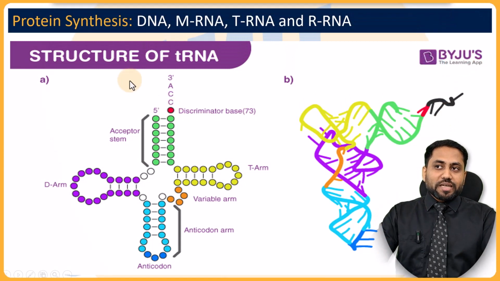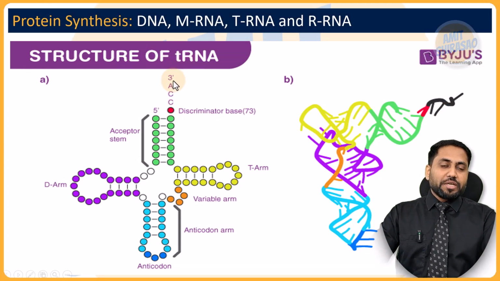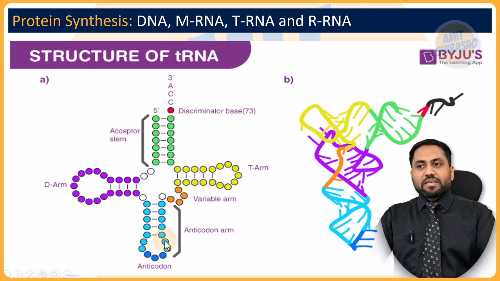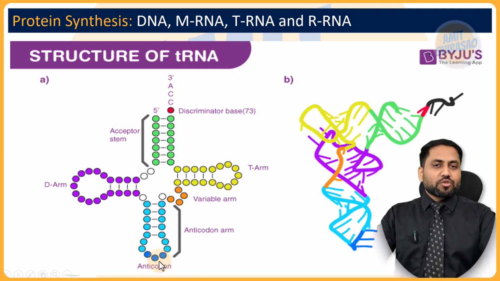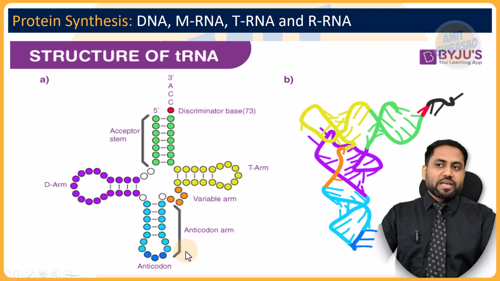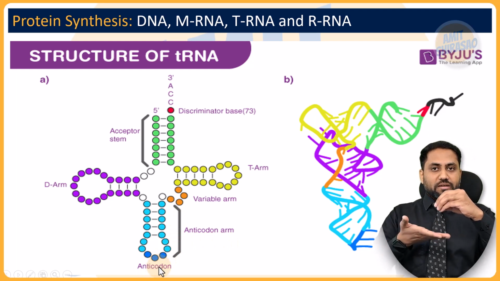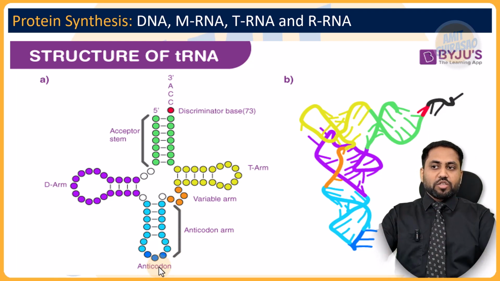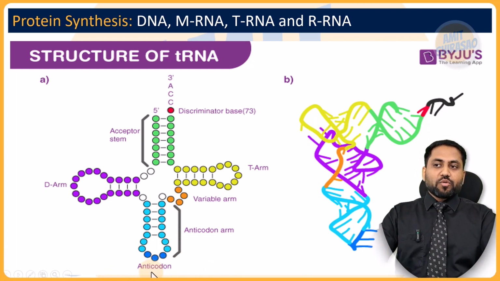So amino acid gets connected over here to the 3' part. Okay, and anticodons exist over here. This is called as an anticodon arm. Okay, so basically it connects to the mRNA using this anticodon arm, and it has the amino acid on this acceptor stem.